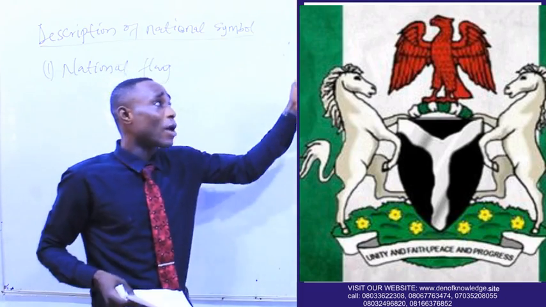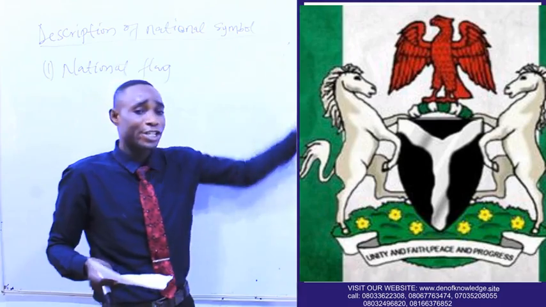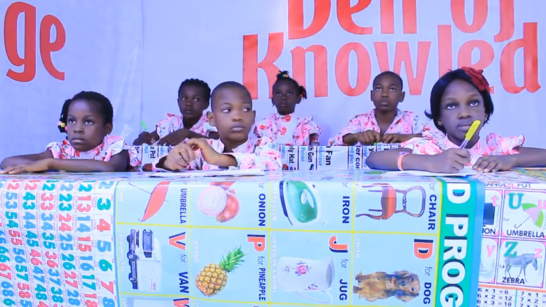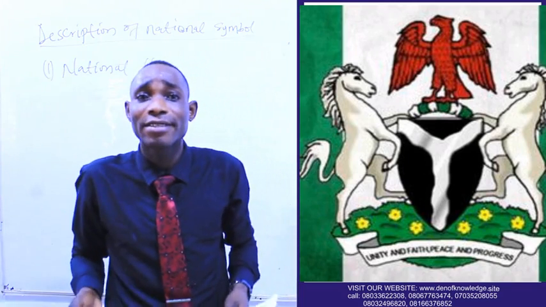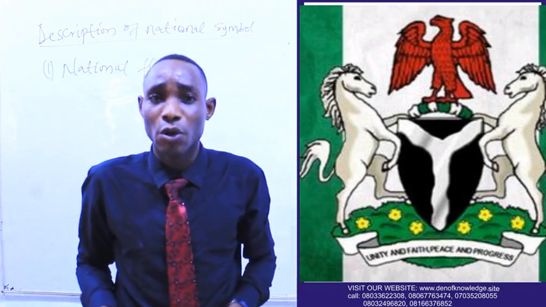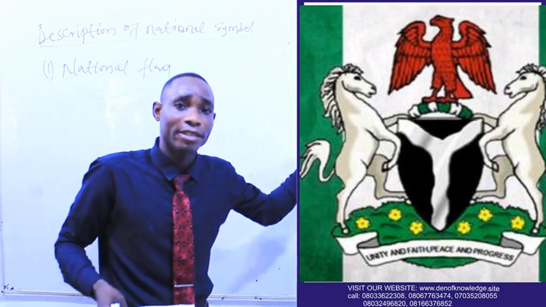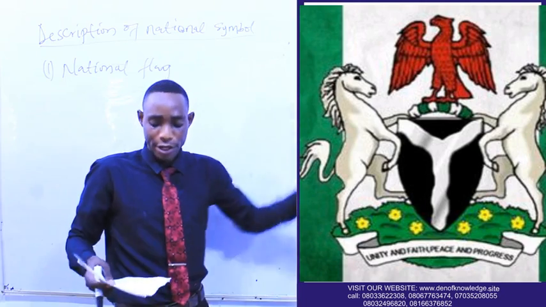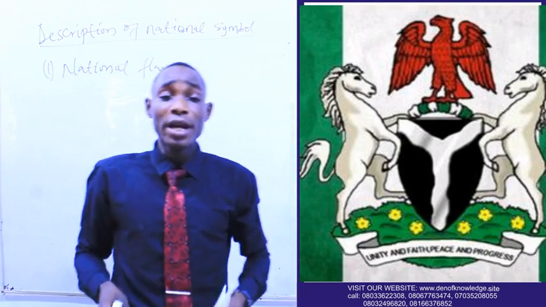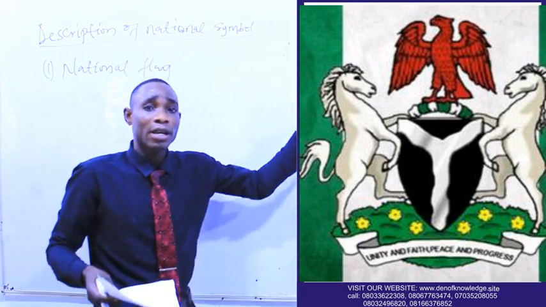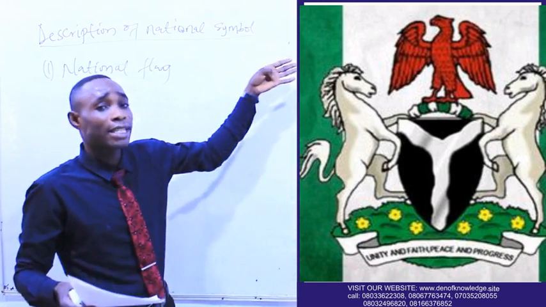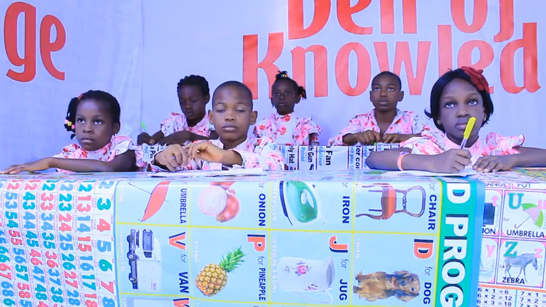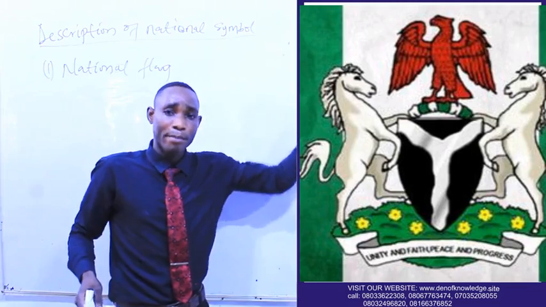If you watch very well, you also see a black shield. The black shield represents a fertile soil because Nigeria has a good soil for agriculture. Then we also see a silver colored letter Y on the Nigerian coat of arms.